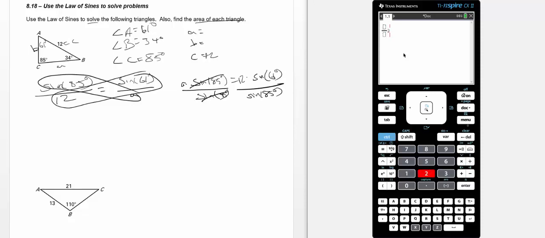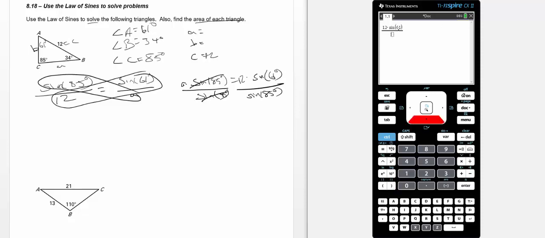That is 12 times the sine of 61 degrees. I'm in degree mode, so that's good. I don't need the degree symbol.